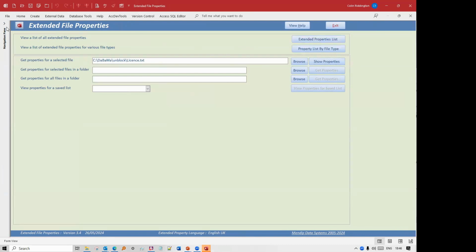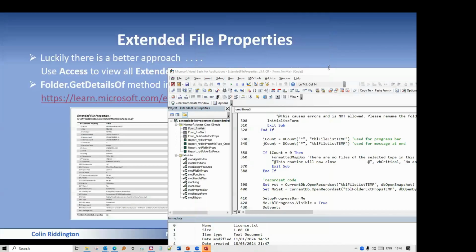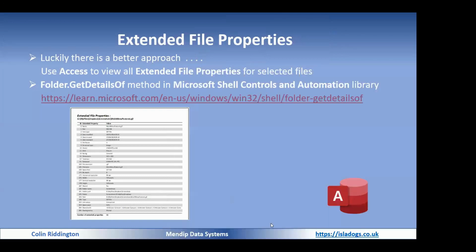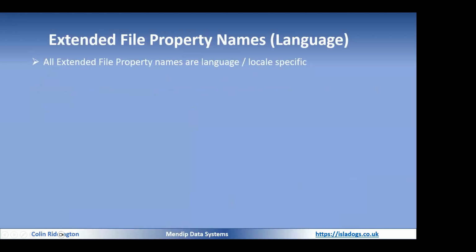So that's pretty much it. Not quite. Let me again just move that out of the way, and this out of the way here, and go to the next slide. The one problem with this is that all extended property names are actually language and locale specific. So if you have a German language version of Office, or French or Italian or Spanish or whatever, this will fail as written here.